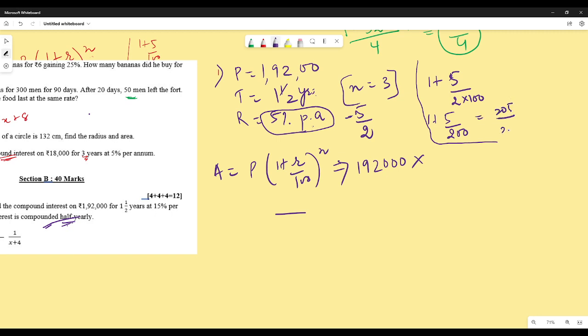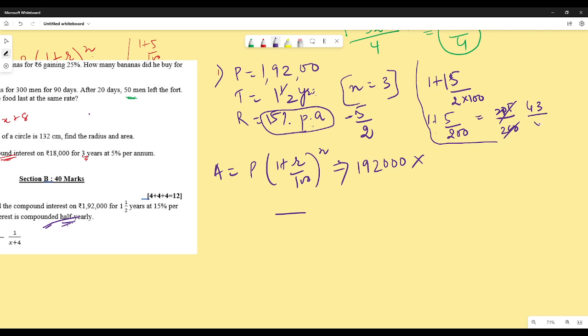This comes to 205 by 200, or if you reduce it, 200 plus 5 by 200. Sorry, the rate is 15%. In the earlier one, it was 5. Sorry. So here it will be 1 plus 15, so this will be 215.